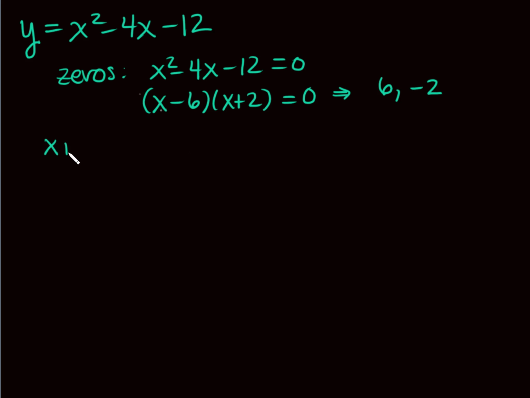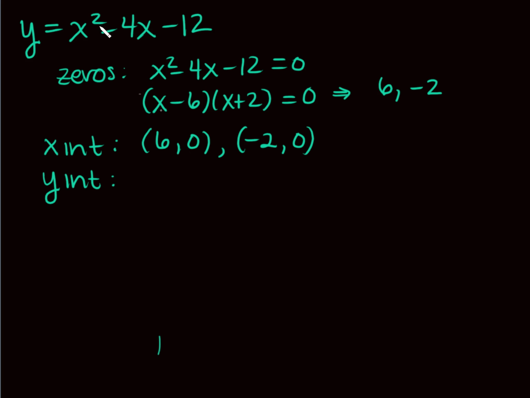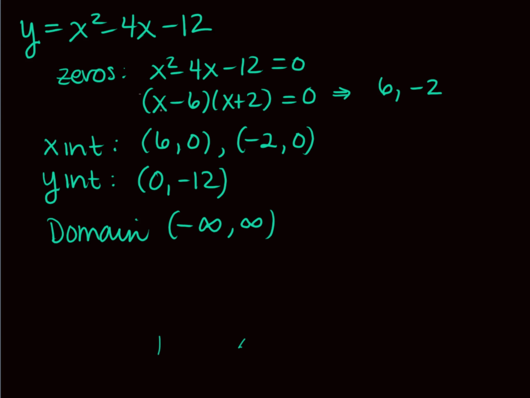Likewise, for my x-intercepts, if I let y be 0, I get the same thing, except the x-intercepts should be written as points: (6, 0) and (-2, 0). And if I wanted to find my y-intercept, I would just let my x terms be 0, and I would be left with -12. So I have (0, -12). It's also pretty obvious, just looking at it algebraically, that my domain is -infinity to infinity.